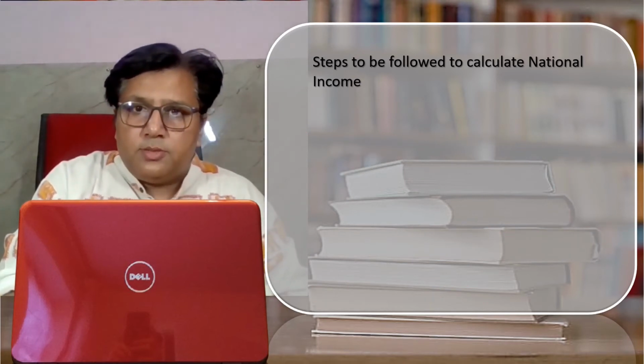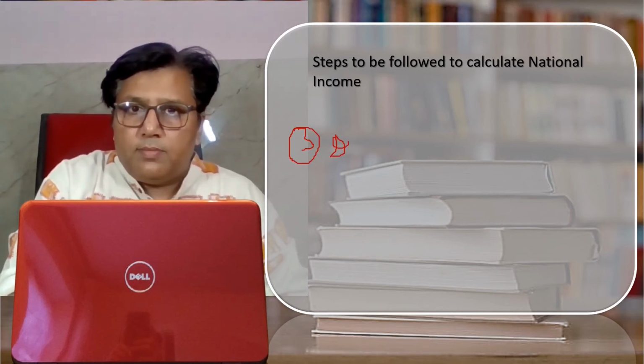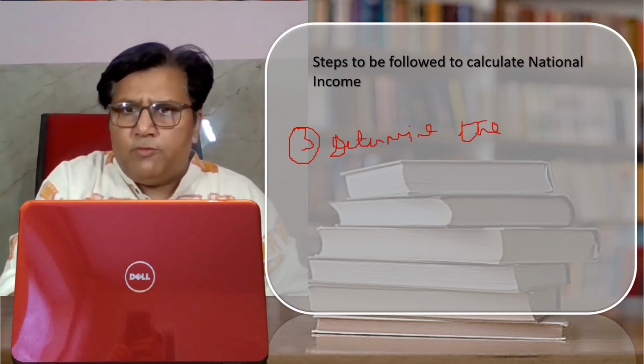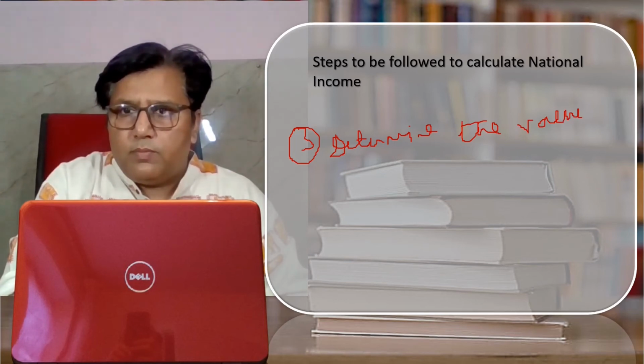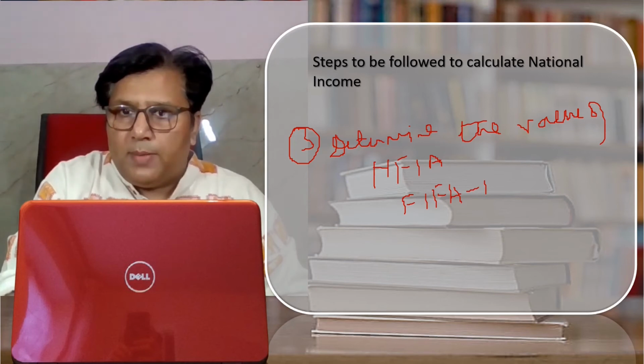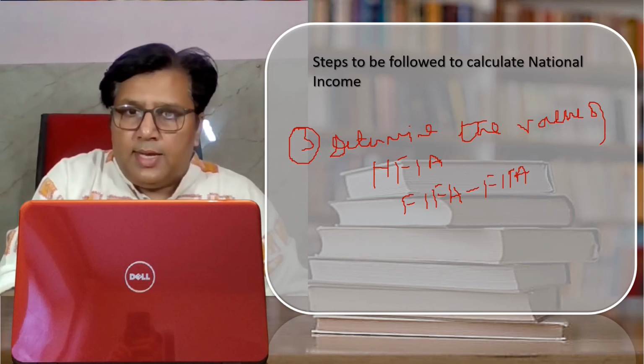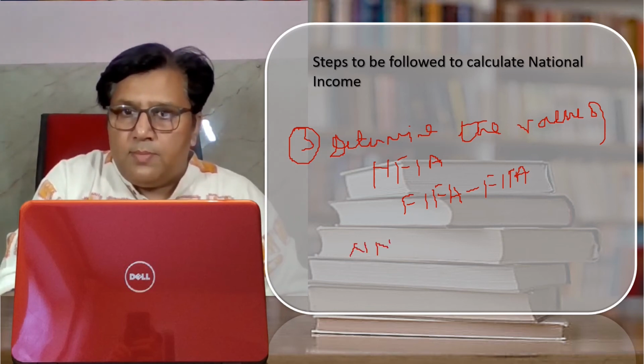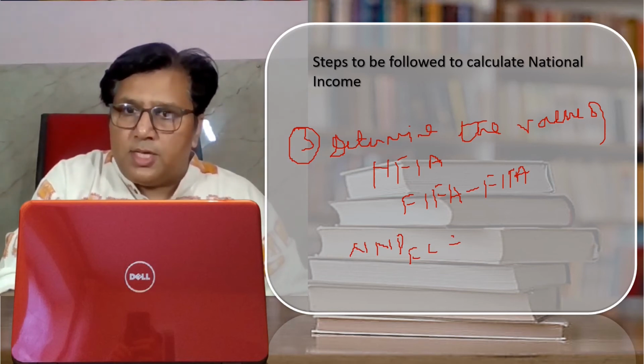And the third step is determine the value of NFIA. How to find out the value of NFIA? By the difference of FIFA minus FIPA, and then determine national income. How? By adding net FIA in the domestic income.